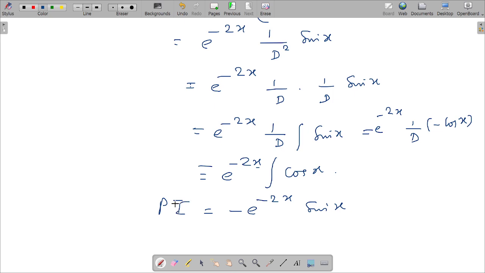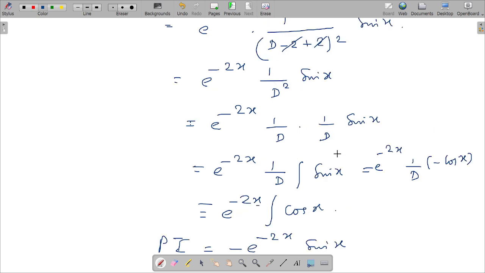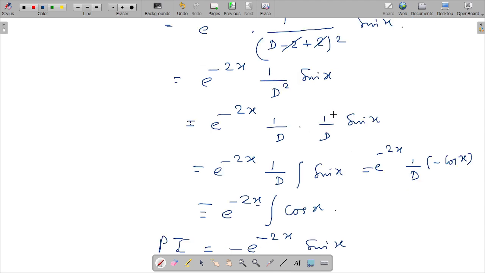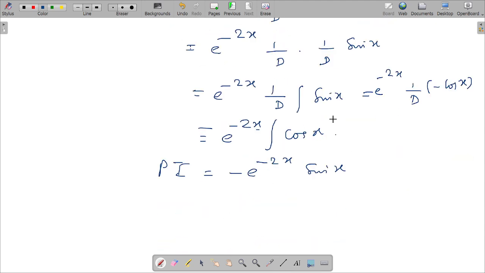But this problem is somewhat easy because the denominator has only d. In case some other value is there, d square plus or d square minus, you already know how to solve the trigonometric problem. So finally we can write the complete integral. Complete integral equal to complementary function plus particular integral.